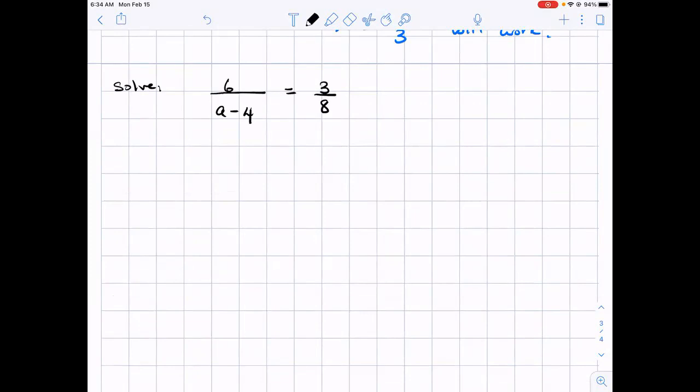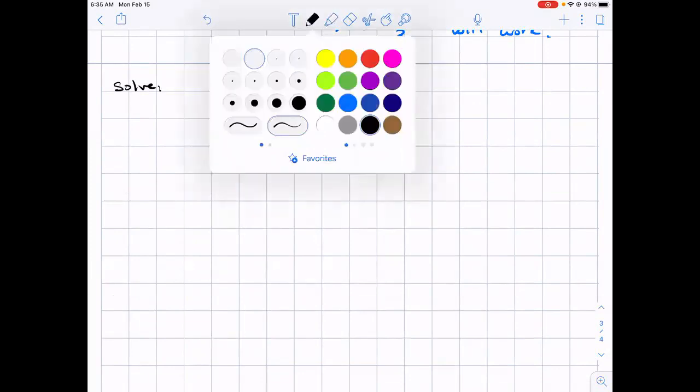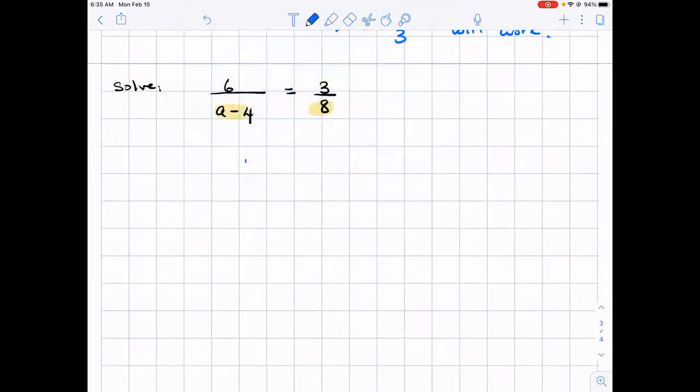So remember, step 1, we'll factor the denominator. But if you look, this denominator and this denominator here are already in simplified form. So the lowest common denominator is equal to a minus 4 times 8.